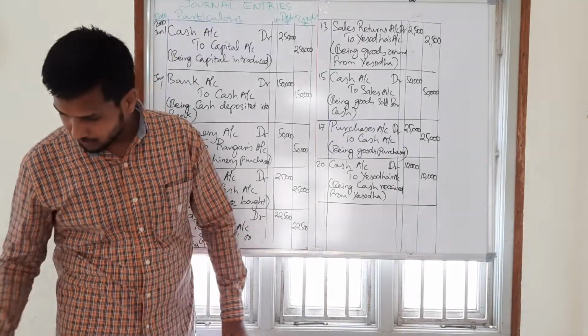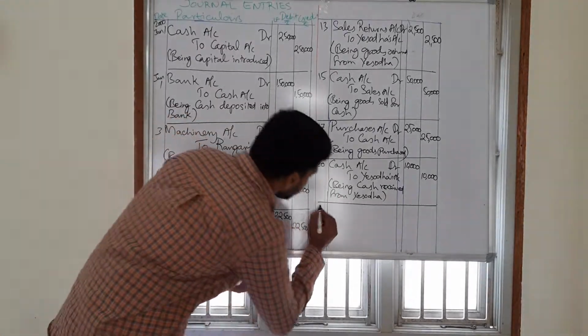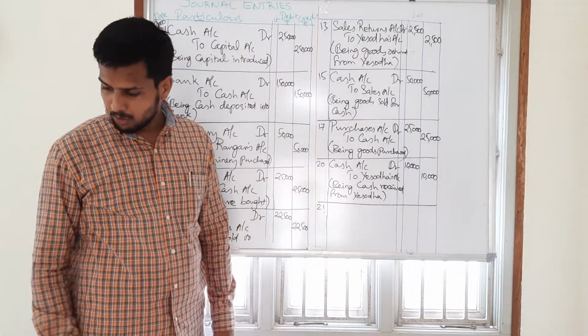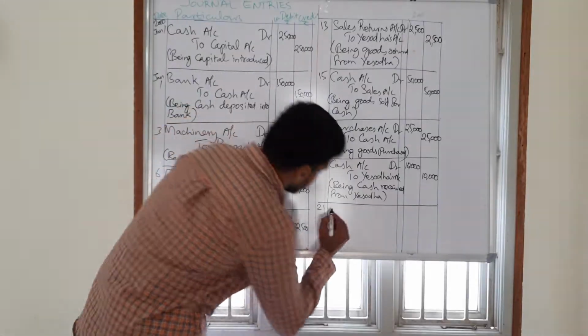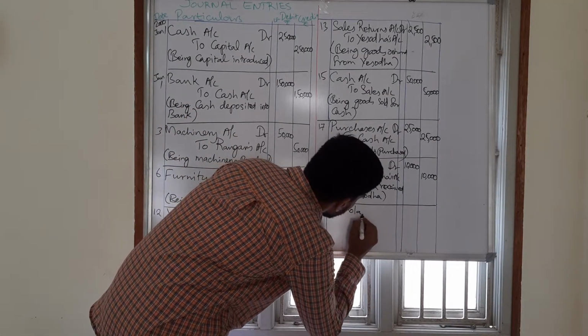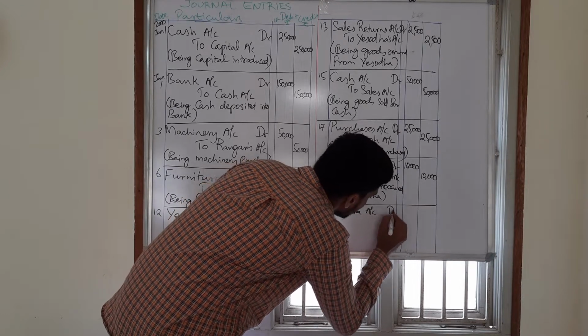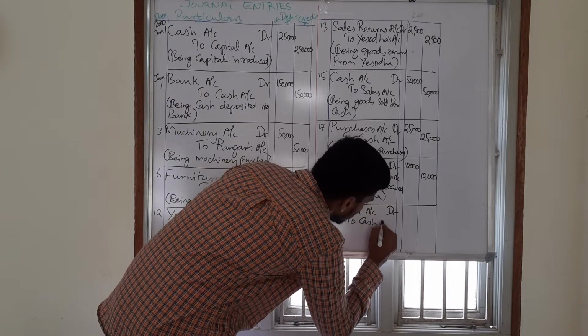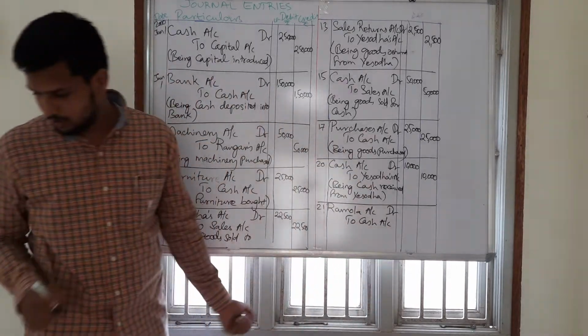So the date of the transaction is 21, Ramala account to cash account. Ramala account debit to cash account.